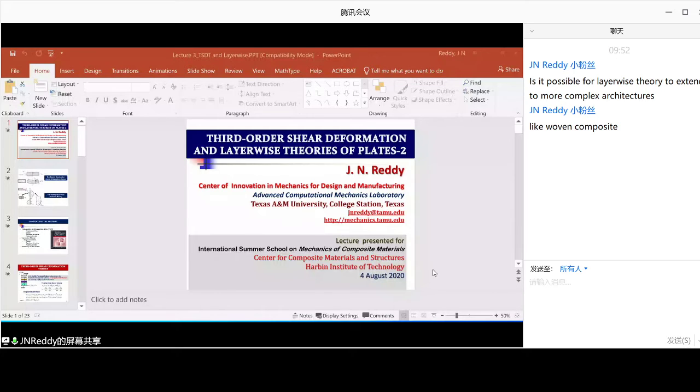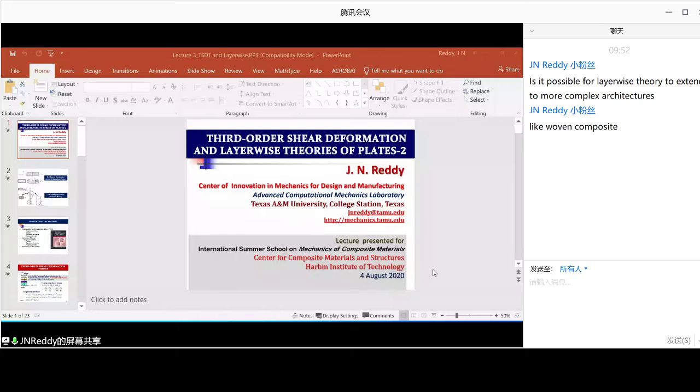We try to model the physics to the extent we think we can get the desired information. Textile composites could be layered also, or if they are not layered, you can imagine them like layups. That is where the modeling issue comes.